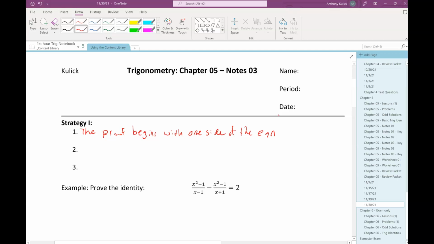So the proof is going to begin with just one side of your equation. It doesn't really matter which side you start with, although you can make life easier sometimes choosing one side versus another.